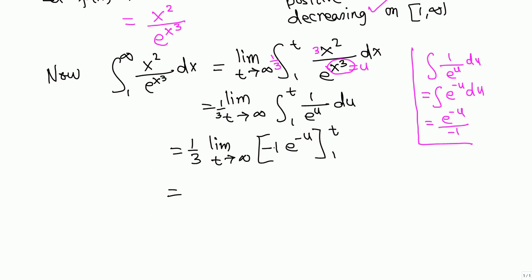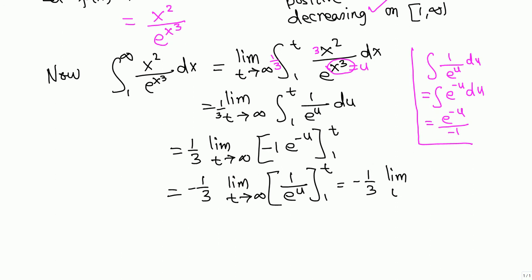This negative 1 can be pulled all the way outside: negative 1/3 limit as t goes to infinity of e to the negative u, which is the same as 1 over e to the u. Let's work with the positive exponent, and we want to evaluate from 1 through t.